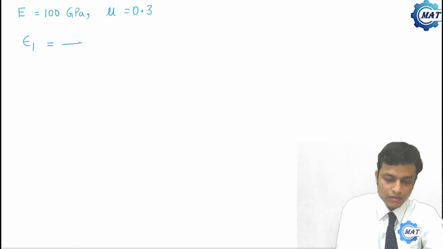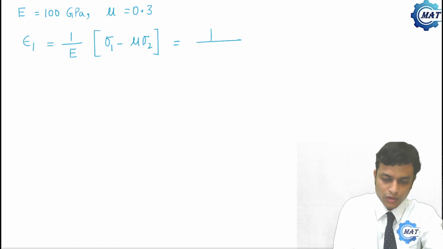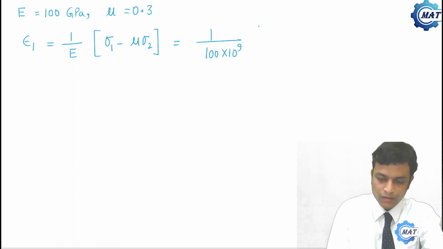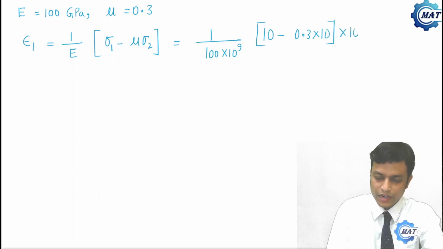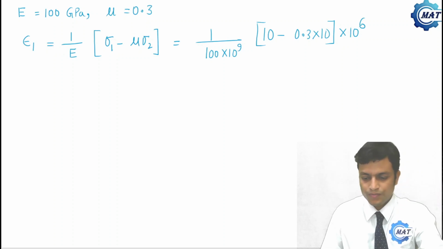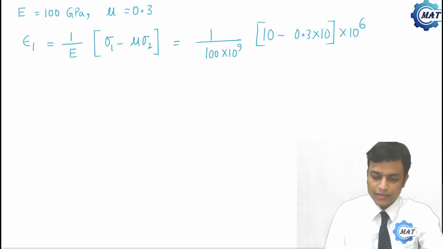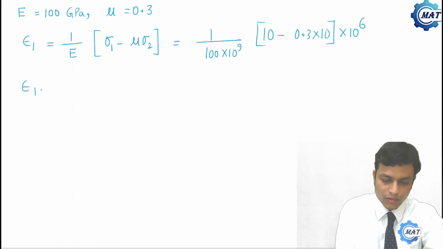Epsilon 1 is 1 by E, applying generalized Hooke's law, into sigma 1 minus mu sigma 2, that is 1 by 100 into 10 to the power 9, into sigma 1, 10 MPa, minus 0.3 into 10. Both sigma 1 and sigma 2 are in MPa, so I am writing 10 to the power 6. All are in SI unit. Now this becomes 7.